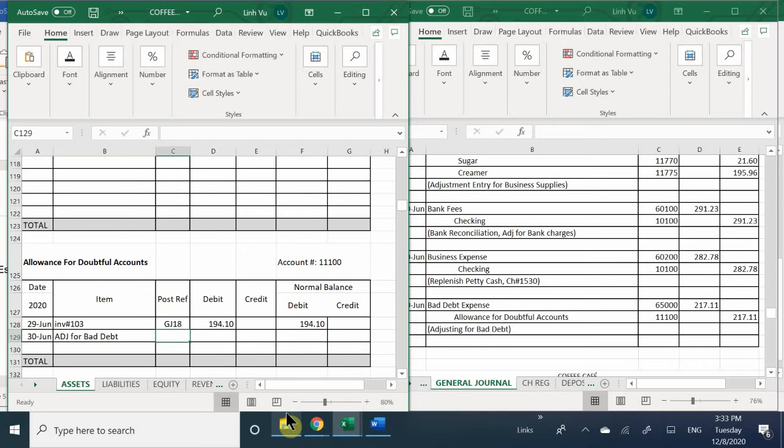If we were to credit my account for 217.11, go ahead and calculate what your total ending balance is going to be in your allowance for doubtful accounts.